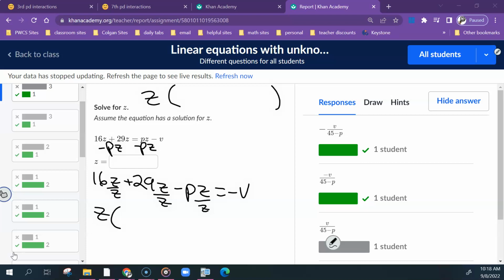So when I do that, 16 is left, 29 is left, negative p is left. And now I just have that one z on the outside. I can combine like terms on the inside. I'm assuming that's 45.